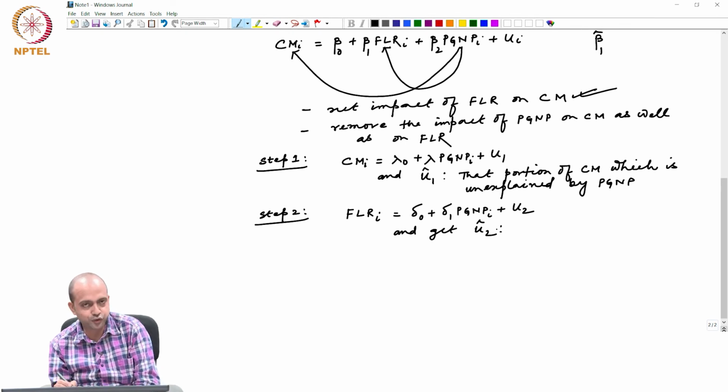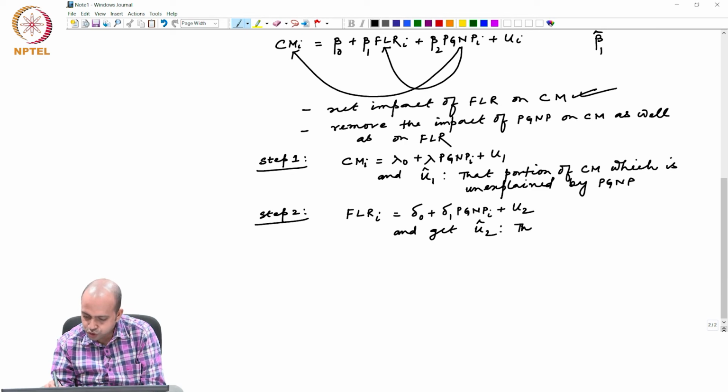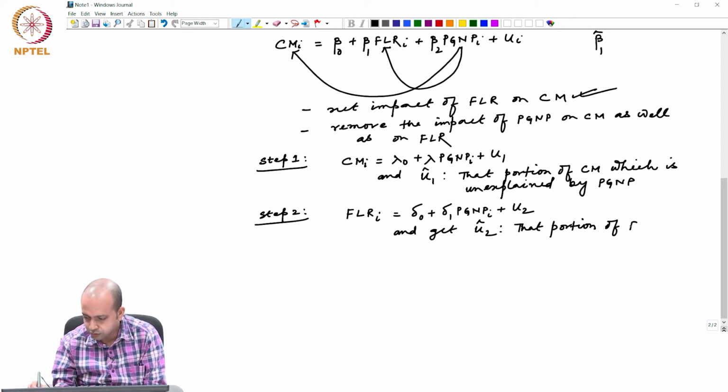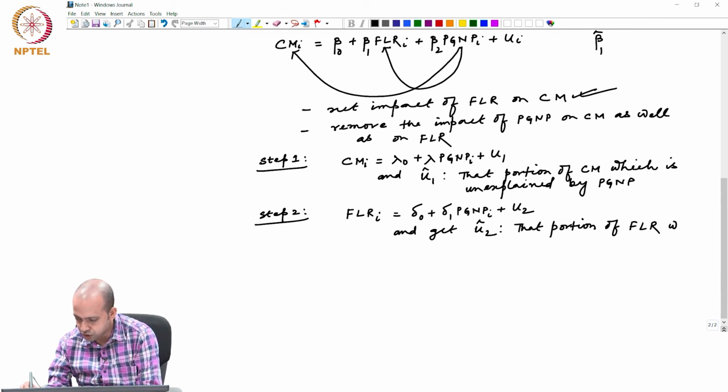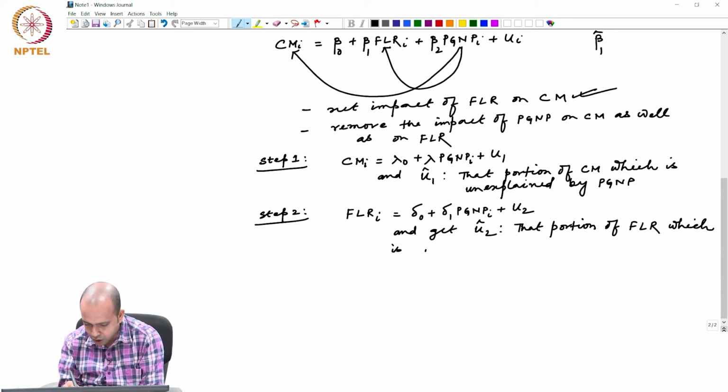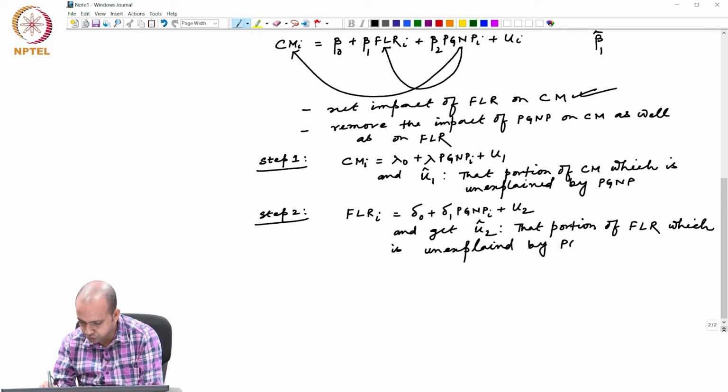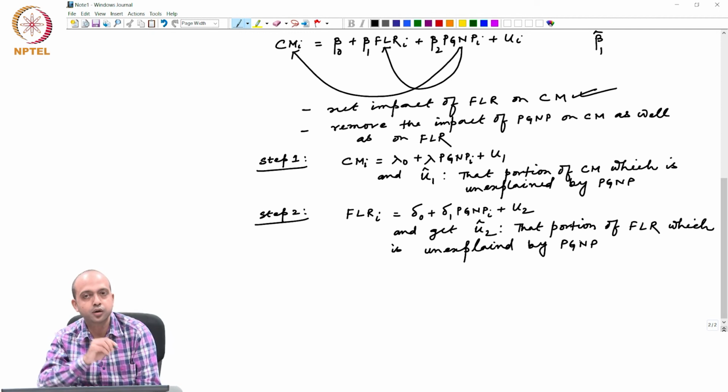Now, what does this U2 hat indicate? Following the same logic, we will say that U2 hat is that portion of FLR which is unexplained by PGNP, right.